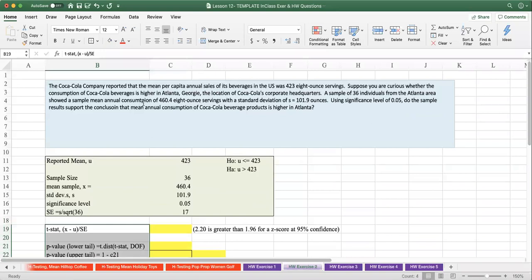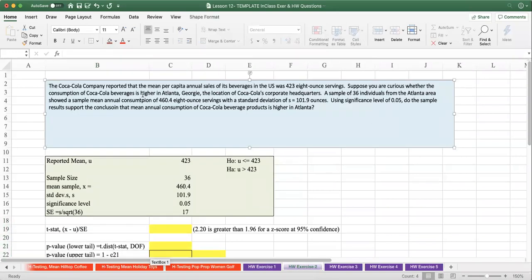Okay, so this one is a Coca-Cola example. Coca-Cola Company reported that the mean per capita annual sales of its beverages in the US was 423 8-ounce servings. Suppose you're curious whether the consumption of Coca-Cola beverages is higher in Atlanta, Georgia, the location of Coca-Cola's corporate headquarters.